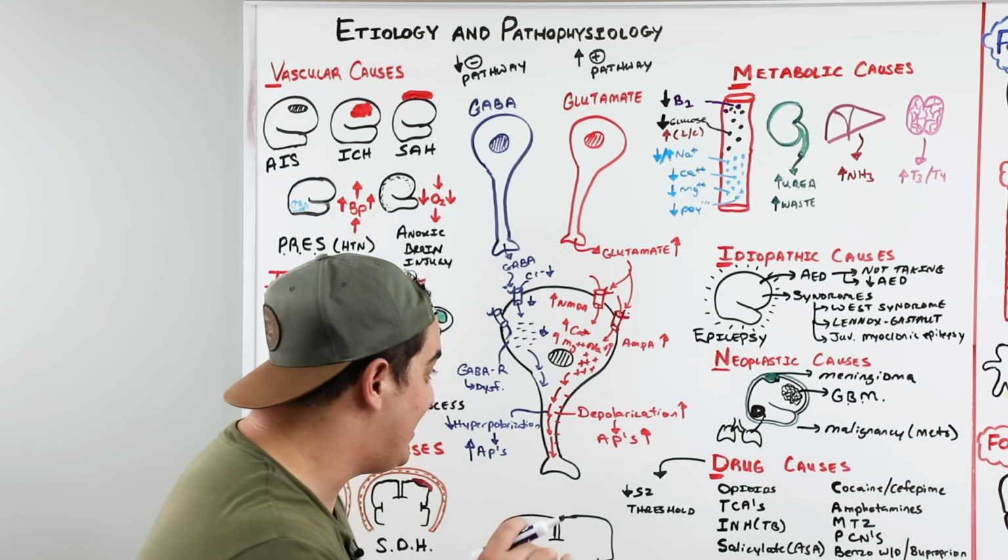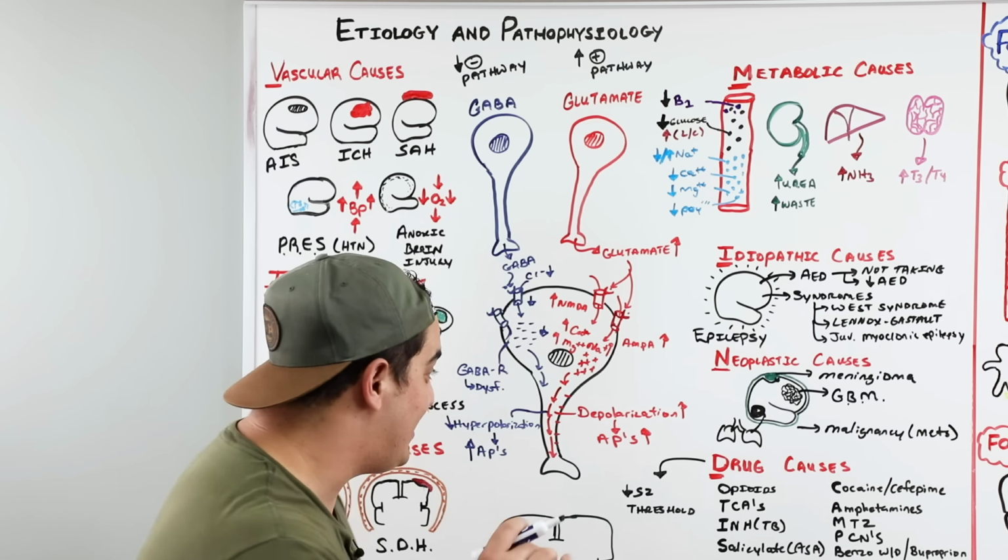Now, here's where it gets even cooler. If these abnormal electrical activities occur within the brain, our central nervous system, how can it actually present? That's the good question to think about. So whenever this abnormal, excessive, synchronous electrical activity is occurring by the causes and mechanisms that we discussed, let's say that there's a particular focus where this electrical activity is occurring right here.